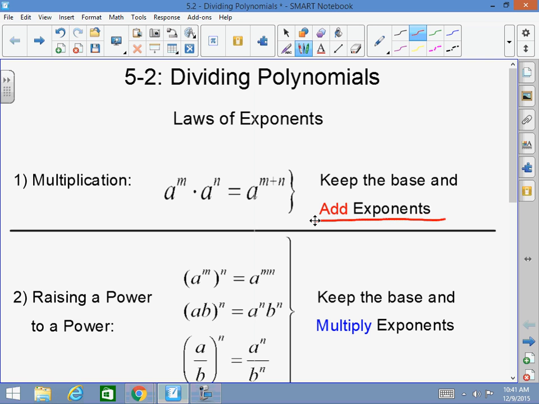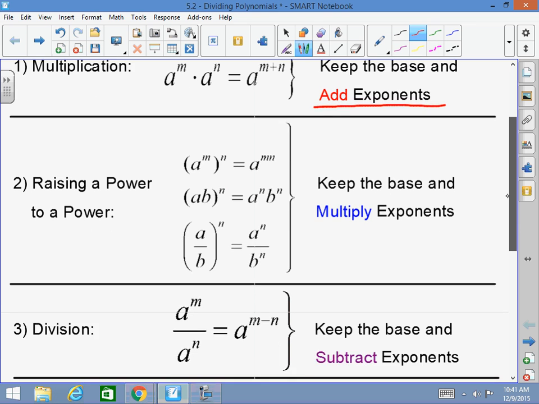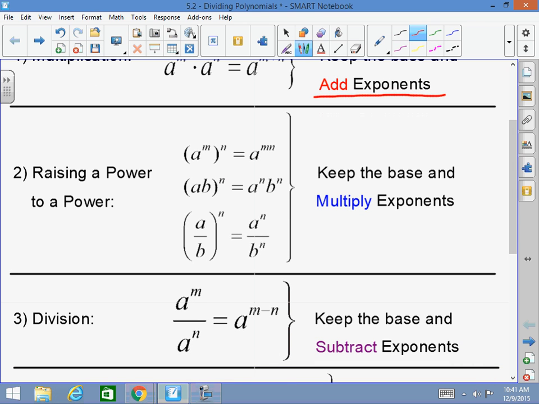Number two, when I raise a power to a power, if I have a to the m raised to the n, I distribute the n to the m. So it'd be a to the m times n. If I have ab raised to the n, I distribute the outside exponent to every exponent inside the parentheses. So that would be a to the n times b to the n.